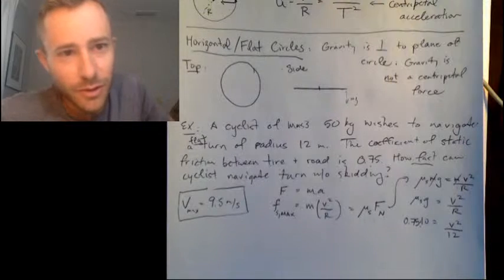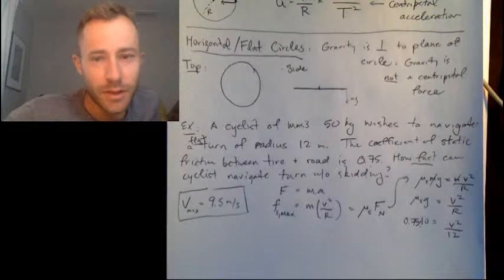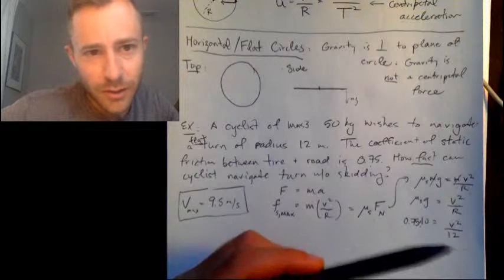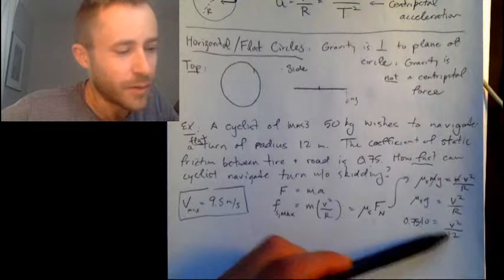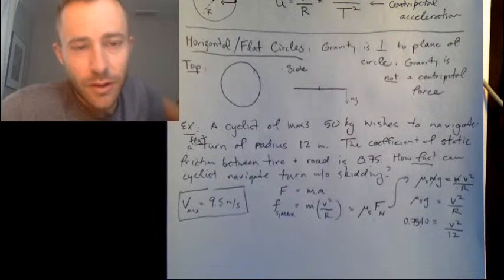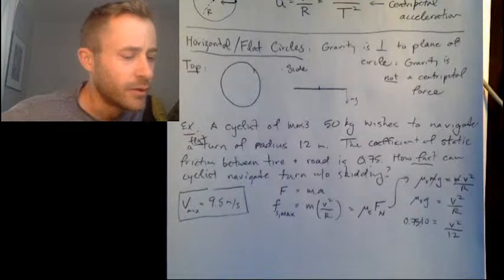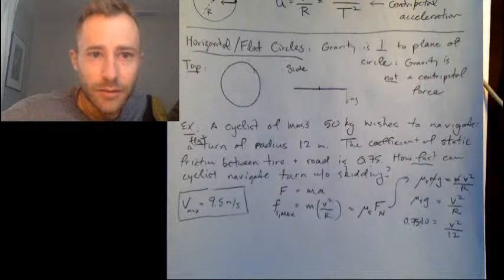Have you ever gone into a turn and it has a reduced speed limit because it's a particularly sharp turn? The people who make the speed limits are thinking about equations like this, and they don't want you to skid and fall out of the turn.